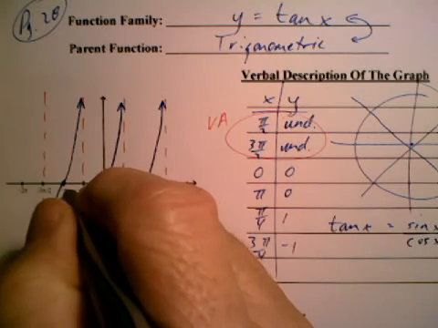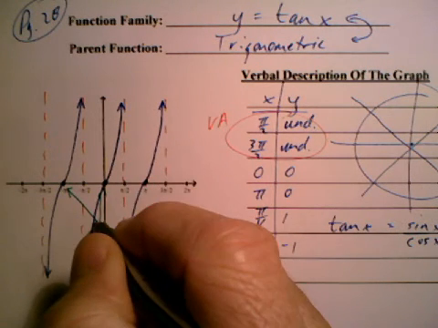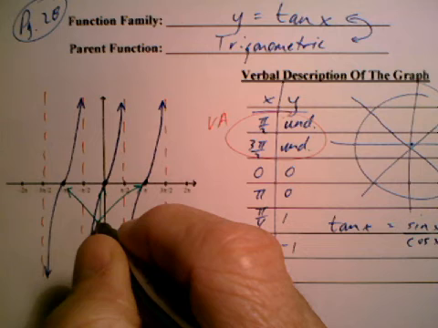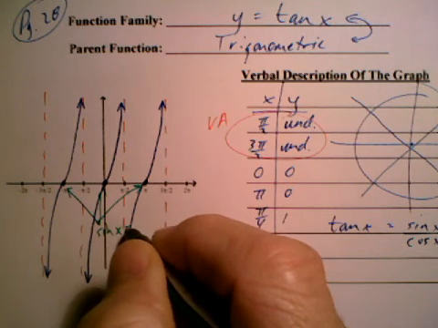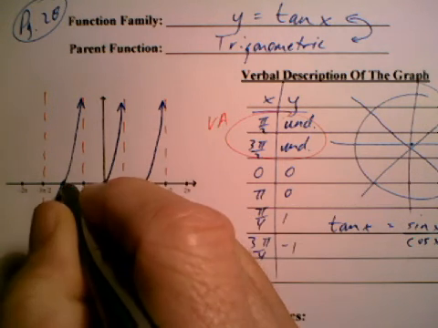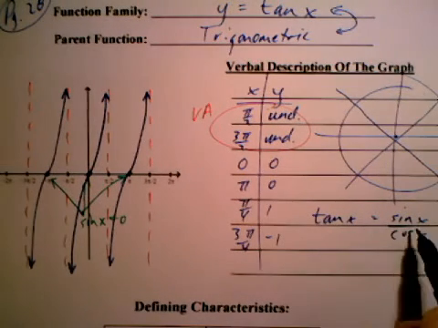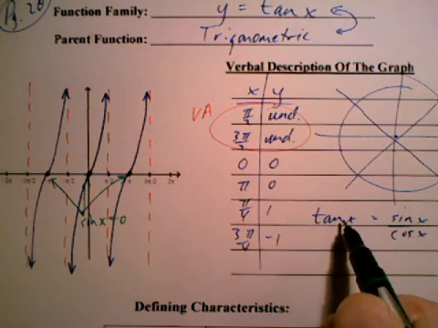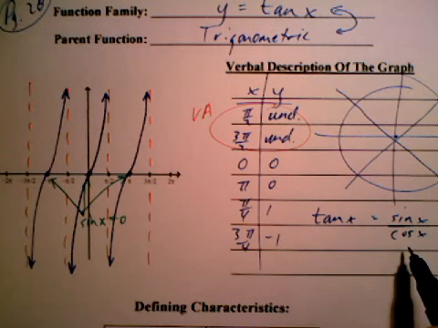But every single one of these points, please listen carefully here. This is where the sine of x is equal to 0. Right there, there, and there. And where the numerator of the tangent, so this tangent is sine over cosine, when the numerator is 0, the tangent is 0. So the cotangent being cosine over sine would mean that the cotangent doesn't have the same x-intercepts as the tangent does.